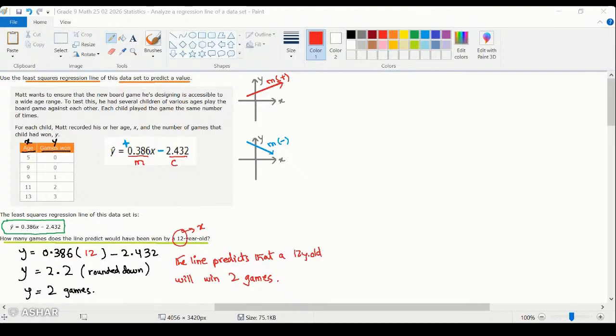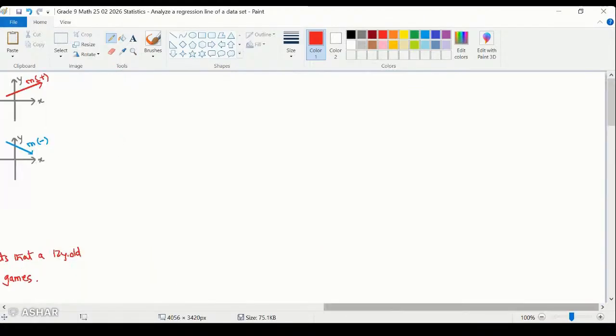For the next question, it says, use the least square regression line to predict the data in the given data set. Question number 3.